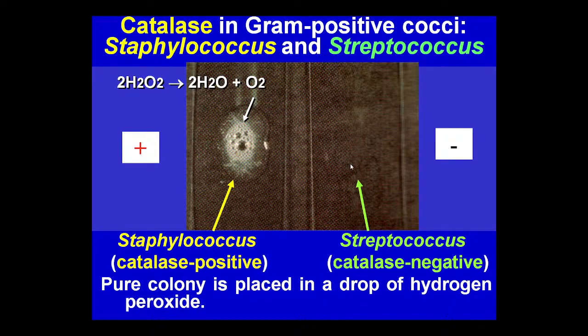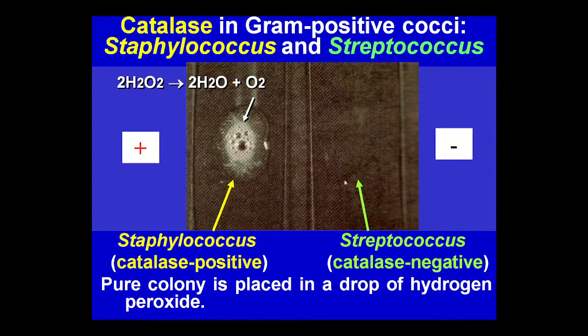Catalase, the enzyme that splits the hydrogen peroxide, right? So, if we place a drop of hydrogen peroxide on the slide and add a loopful of the colony of Staphylococcus, the reaction with the release of oxygen enables us to see that hydrogen peroxide is split.